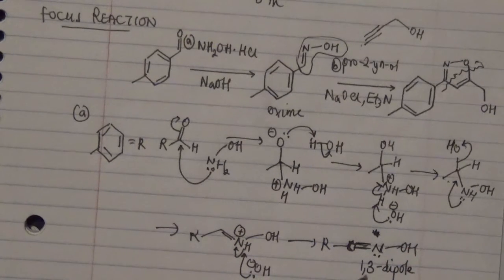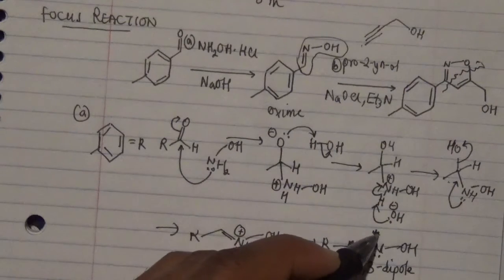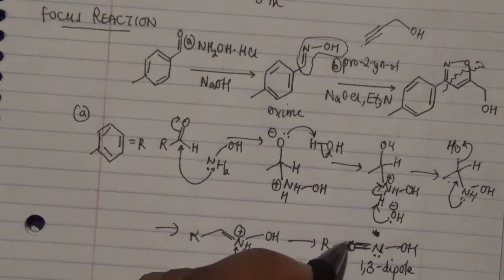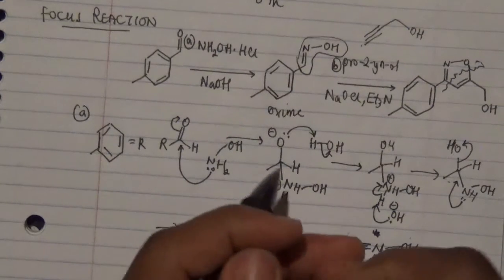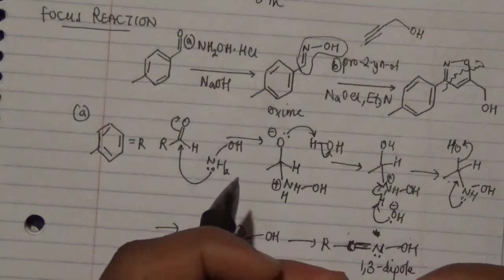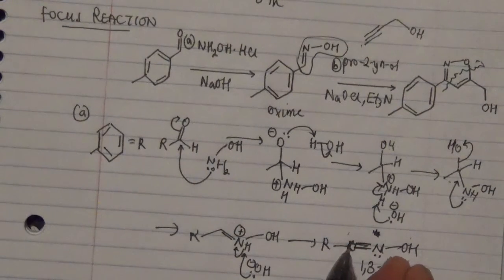This 1,3 dipole species is a result of this 1, 2, 3, where our 1 end and our 3 end are involved in an interesting reaction which makes it either nucleophilic or electrophilic.